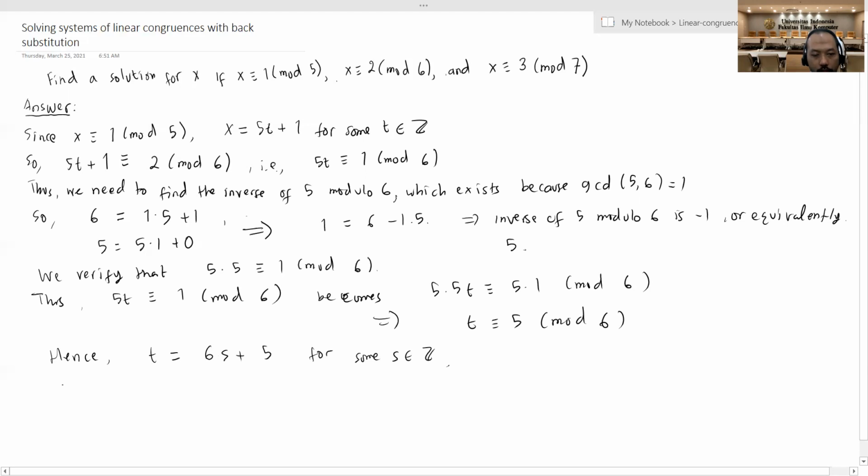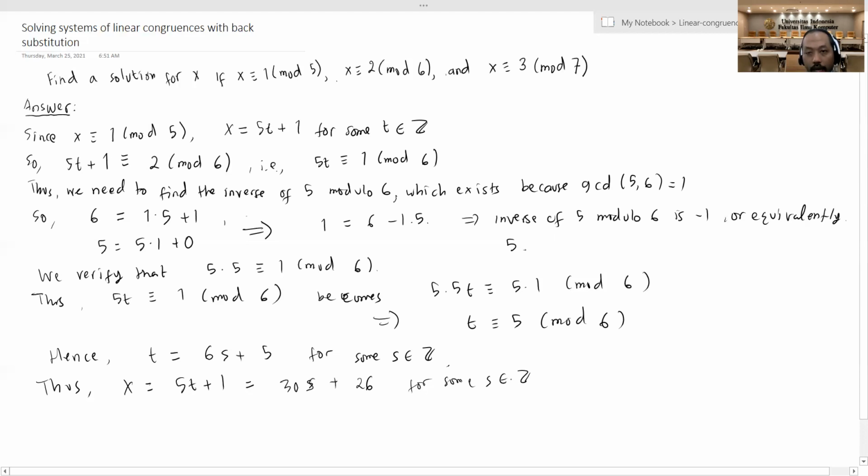Now we substitute t into the original expression for x, because x is 5t plus 1, which is 30s plus 26, for some integer s.